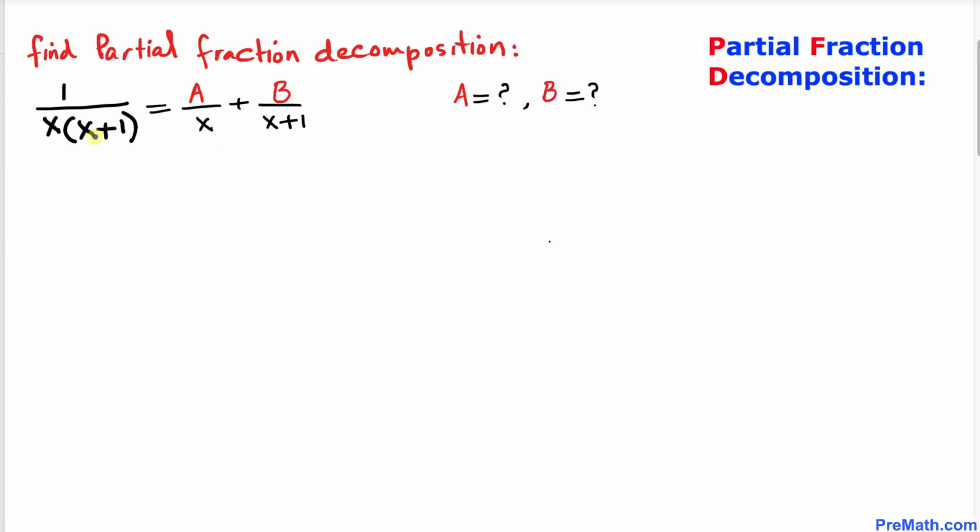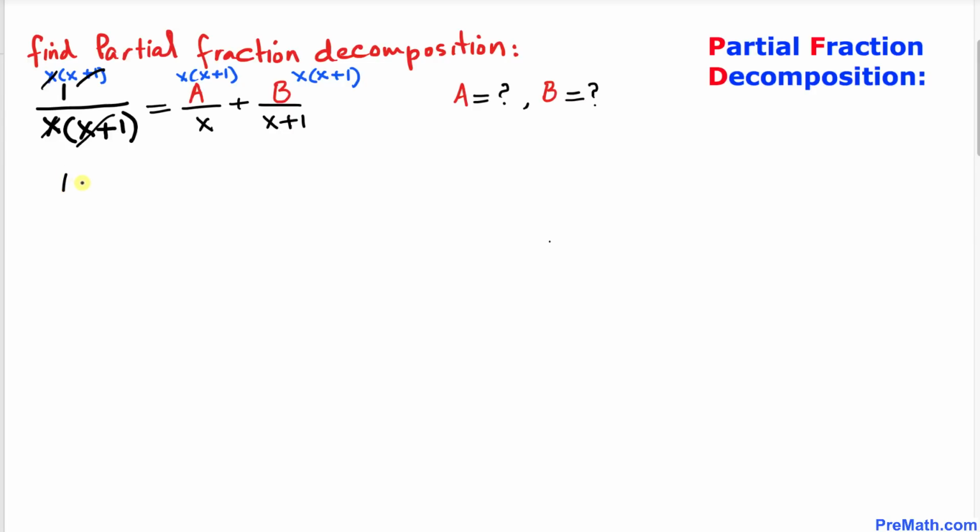Now let's go ahead and remove these fractions by multiplying across the board by x times x plus 1 on this side, x times x plus 1 over here, and likewise x times x plus 1 over here. And we can see that this x and x are gone, this x plus 1 and this x plus 1 are gone.